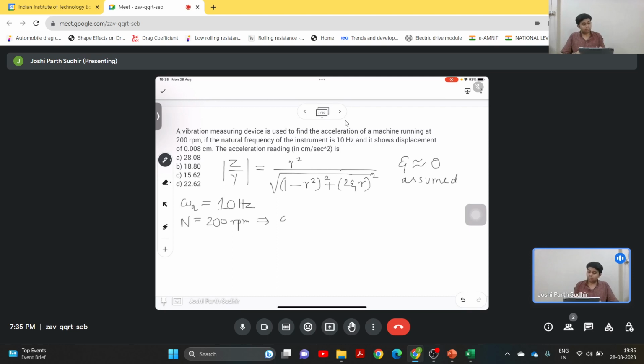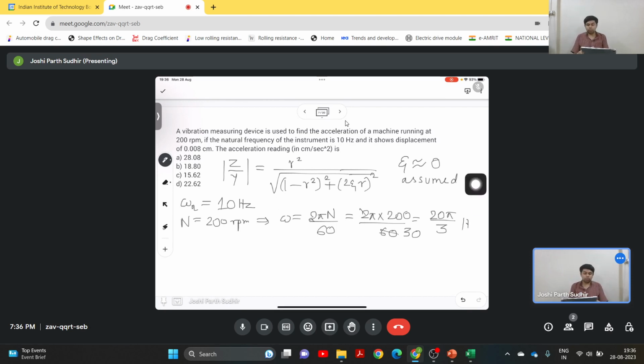So how do we calculate omega from that? Omega is 2 pi N by 60, which is 2 pi into 200 by 60, which is equal to 20 pi by 3 radian per second.